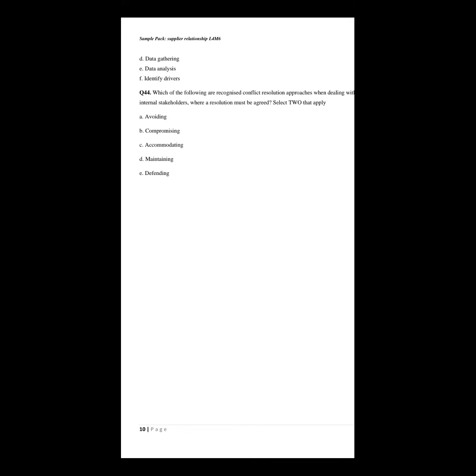Can you please go back to the question so that we can see the first three options. You have supplier negotiation, continuity planning, differential pricing. Do you negotiate?